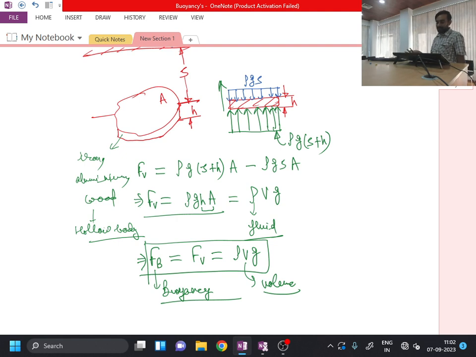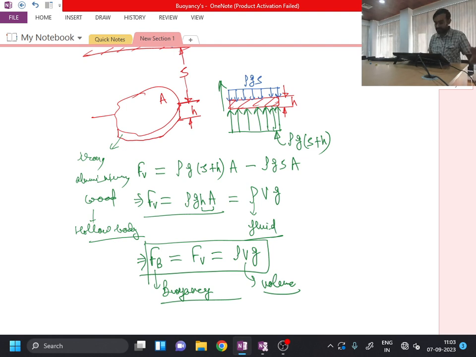Ultimately, whatever the volume of the body we have considered, we are multiplying that with the density of the fluid. It means this volume V of the body is coming into the fluid, and ultimately it is displacing this much volume of fluid. That displaced volume of fluid, when multiplied with the density of the fluid and the gravitational field, gives rise to a force acting in the upward direction.